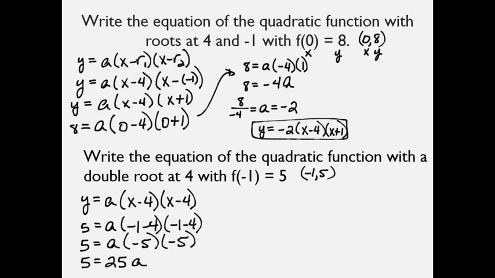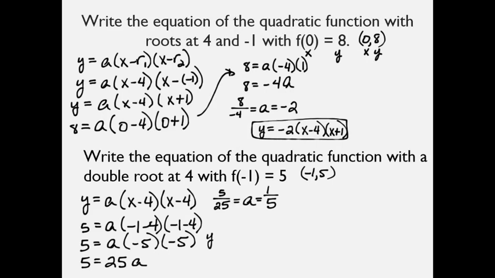So going over a little bit, dividing by 25, 5 over 25 equals a, and reduce that fraction, you have 1/5.